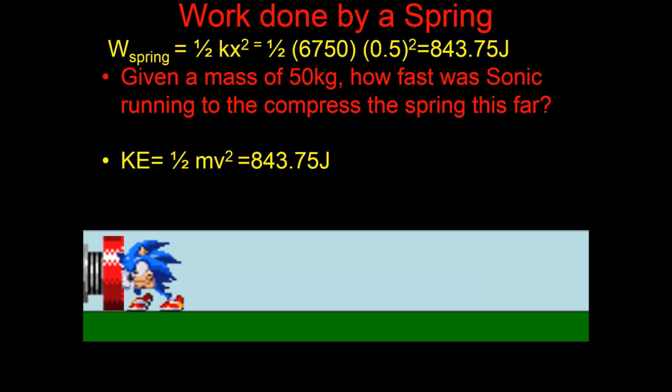That means that was the energy imparted to the spring. If he comes to a stop, and of course we're neglecting friction and inefficiencies, we can safely say that the kinetic energy that Sonic brought into this system was equal to the amount of energy that went into compressing the spring. So our kinetic energy here is 1/2 mv squared, which is 843.75 joules.